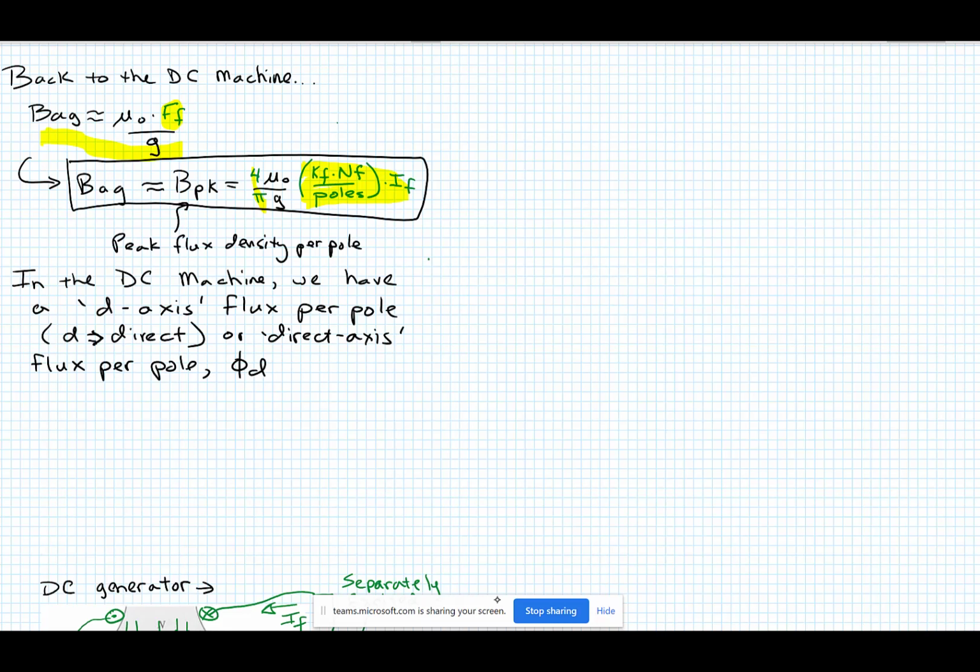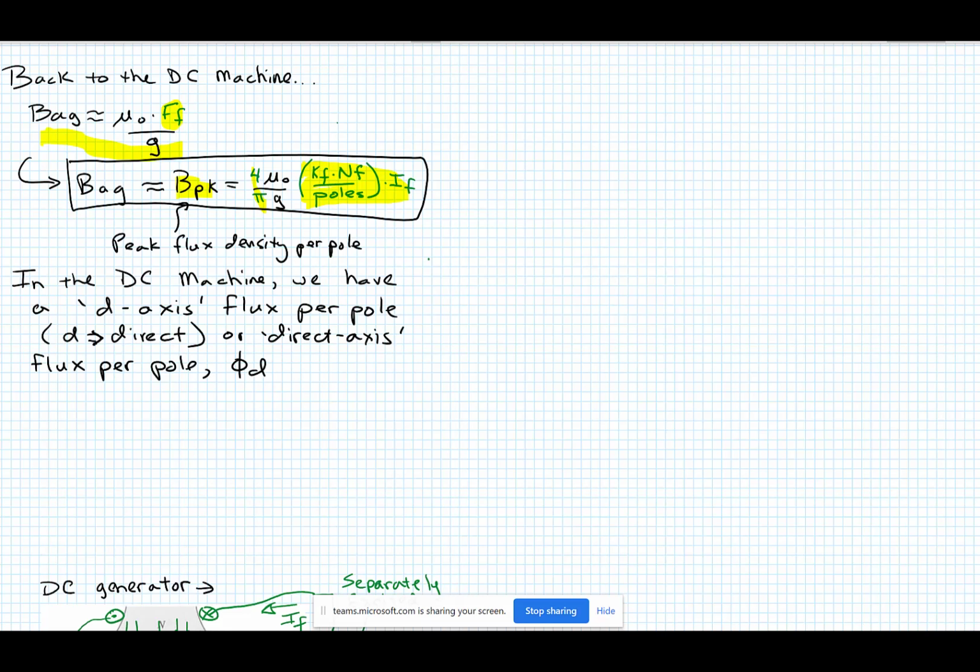We're always after a peak flux density, right? It's coming back to the magnetic circuit. I'm not going to derive this because of time, and it's a formula I'm going to throw at you, but it really is derived the same way we derived MMF with the synchronous machine, looking at the shape of the flux in the gap.